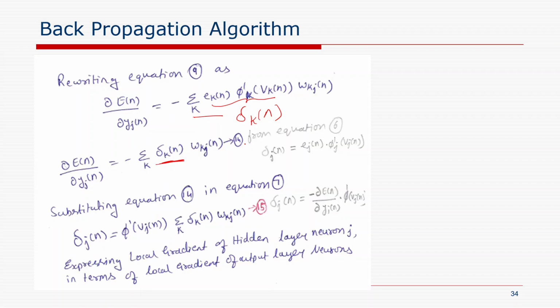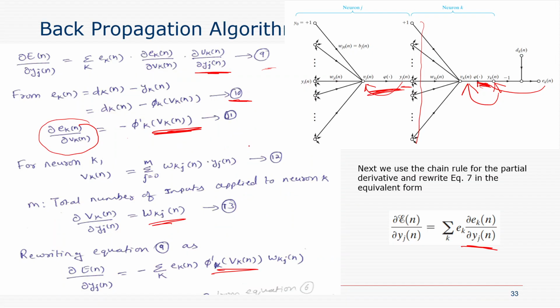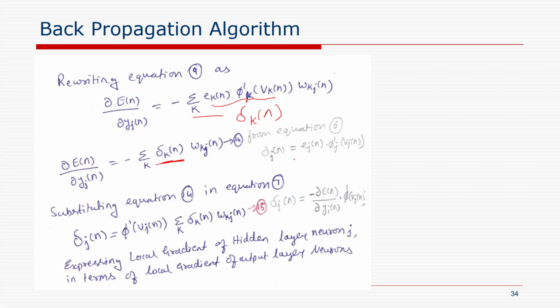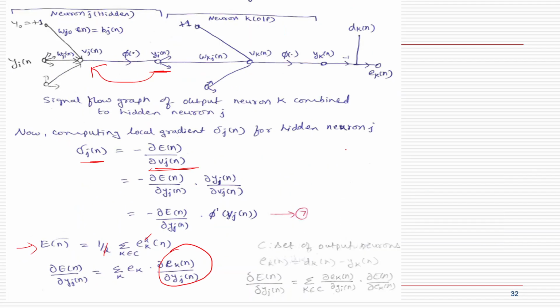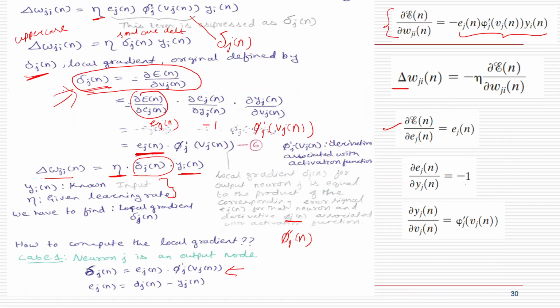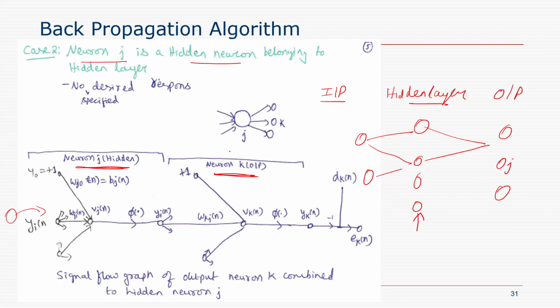Same way from the equation 6, because equation 6 was this one only, which was ej of n and then phi dash of j of vj of n, because we got it from here.